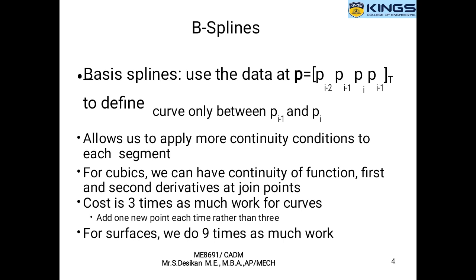There is a starting point and an ending point in a curve, so we use the data P1 to Pn, starting point P1 and ending point Pn. So simply, B-splines is the data that is used to define a curve from starting point to end point.